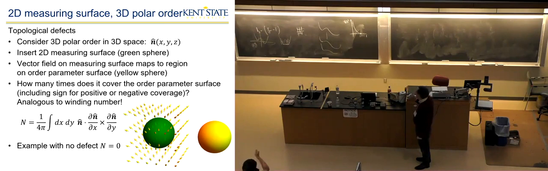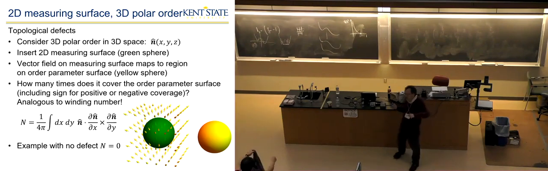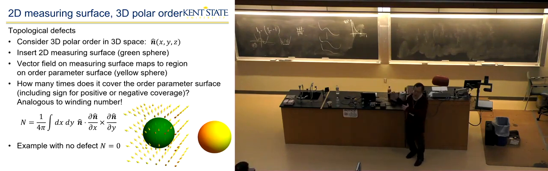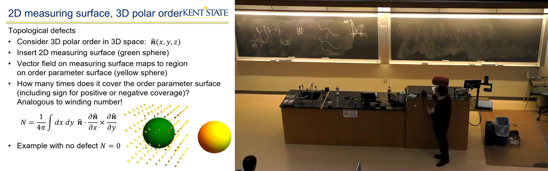The southern hemisphere here covers approximately the northern hemisphere here, but in a negative sense. So the same way that with winding number you can go clockwise or counterclockwise, with covering an area, you can cover the area in a positive way or in a negative way. Here, those two kinds of coverage cancel out.